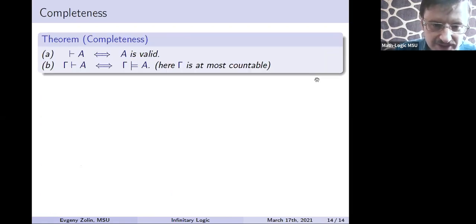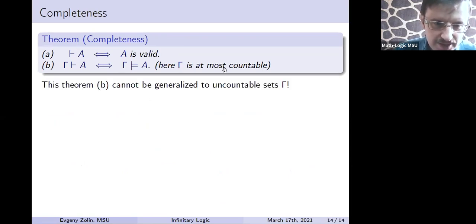And the final comment. Let us look at the completeness theorem. A formula is provable if and only if it is valid. A formula is provable from gamma if and only if it follows semantically from gamma, where gamma is at most countable. This item B cannot be generalized to uncountable sets gamma.